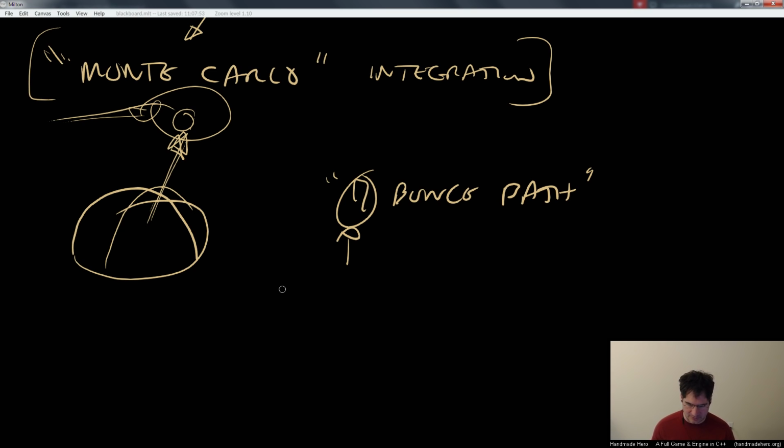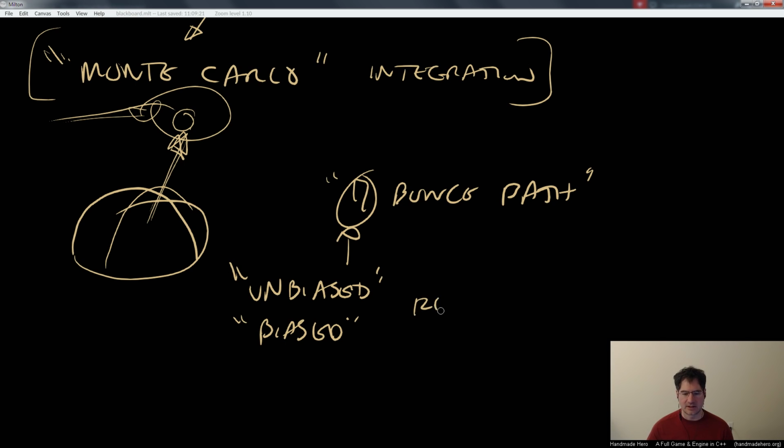A truly random way of sampling it will not bias it. It will produce, on average, the correct result. This is why you'll often see the question: is this an unbiased or biased renderer?